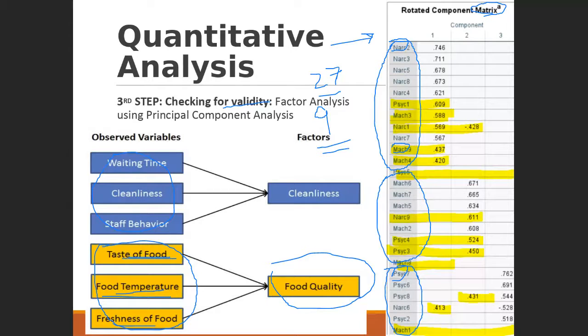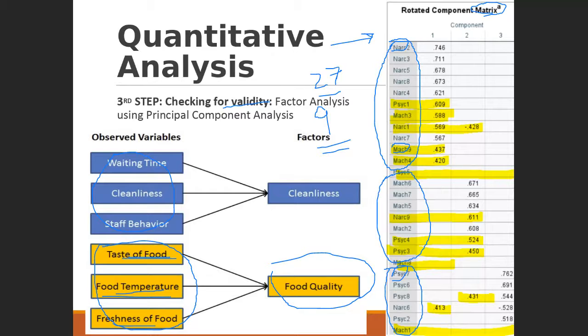If all the questions measuring narcissism group separately, it shows that our respondents have made a differentiation between these three concepts. They have differentiated our variable number one, narcissism, from variable number two, Machiavellianism, from variable number three, psychopathy.